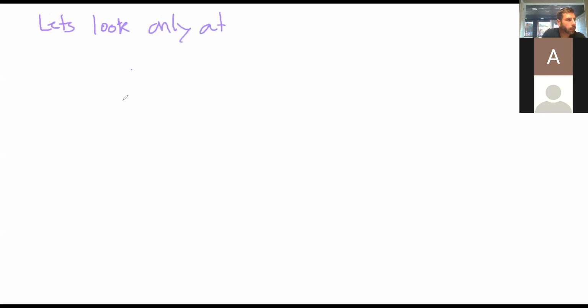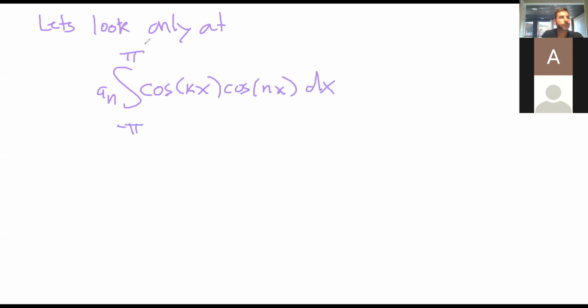So all I want to look at right now is this piece: a sub n cosine of kx cosine of nx dx. Now this is a Calc 2 integral right here. Now remember, n and k are fixed. So what happens?